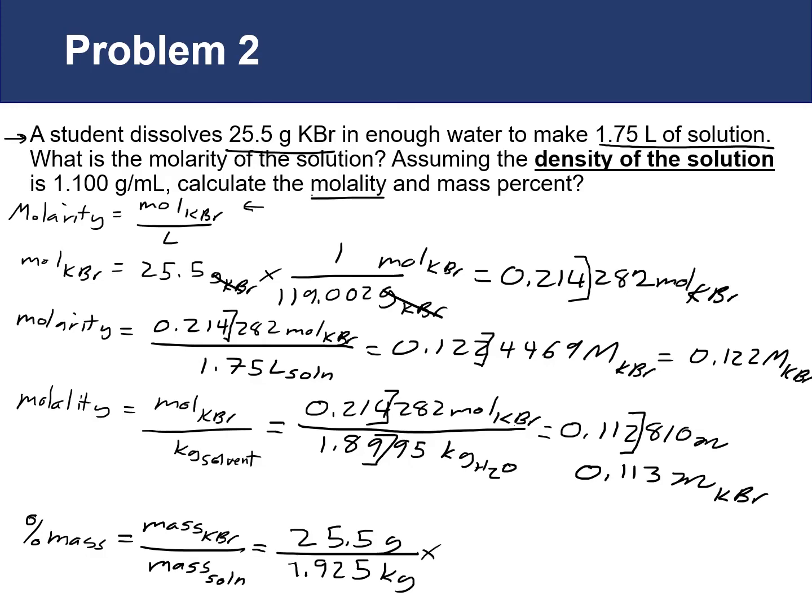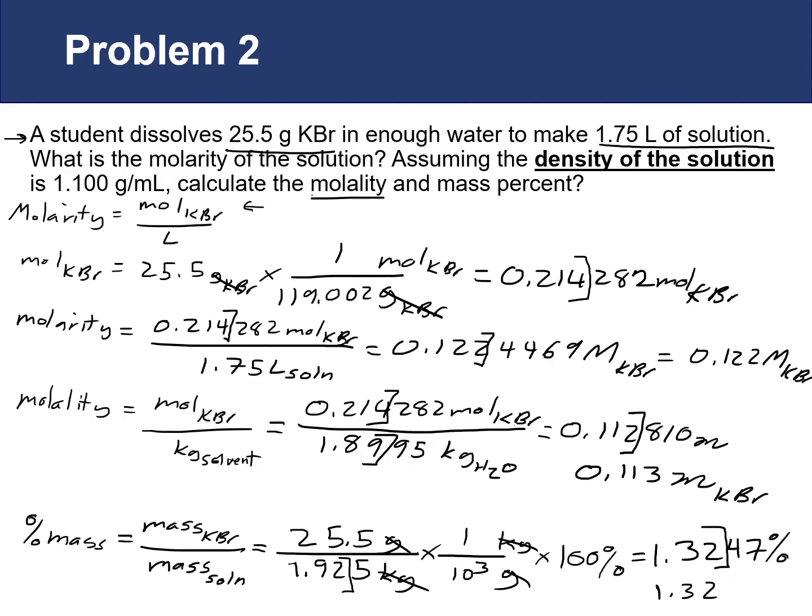They need to be in the same unit, so we can convert our kilograms and grams. We'll put kilograms on top, grams on bottom. 1 kilogram is 10 to the 3rd grams. And then multiply by 100 to convert it into a percent, and you end up with 1.3247%, which in terms of significant figures, our top value has 3, the bottom value had also 3. So our end answer will have 3 significant figures. So that would be 1.32%.